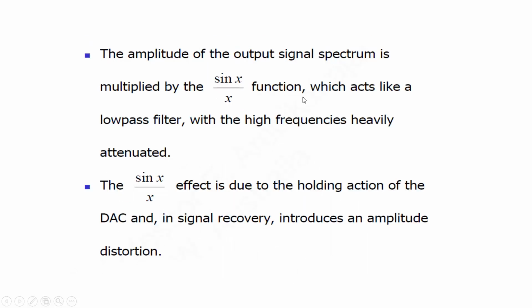All right. Now the amplitude of the output signal spectrum is multiplied by the sin x by x function, which acts like a low pass filter with high frequencies heavily attenuated. This effect is due to the holding action, because that is why the DAC output gets the shape of a staircase voltage.